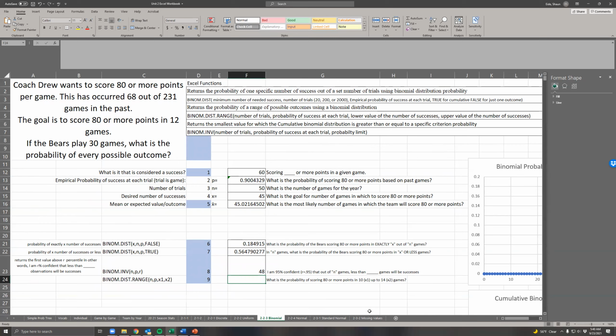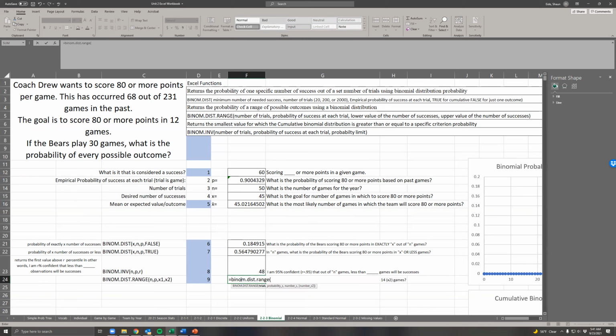Then binom.dist.range. What this does is it says, what is the probability of the outcomes being within this range? So if I were to say, what is the probability of winning between 35 to 45 games, we're going to do equals binom.dist.range.